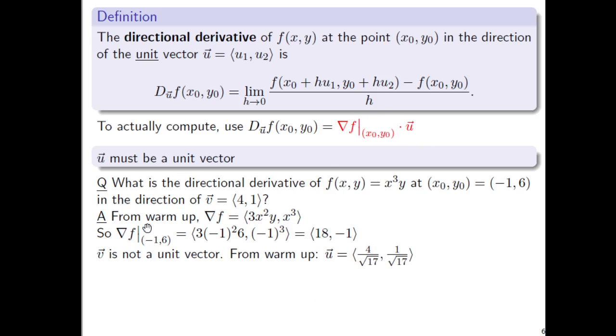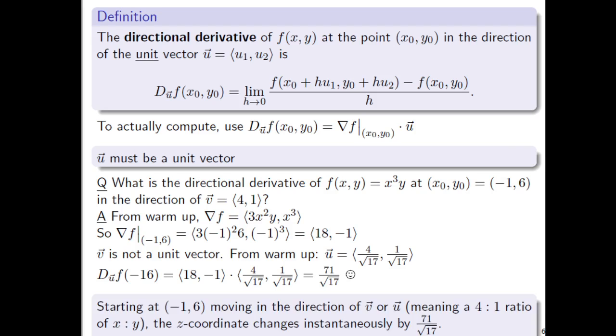And now we take, as we see up here highlighted in red, the gradient evaluated at the point, so that we have the vector 18, -1, and then the unit vector right here, 4 over √17 comma 1 over √17, we should just dot those together. So here we go, right? So the directional derivative at -1 comma 6, sorry, there's a missing comma here, equals this dot product, and if we just write that out, this will be 71 over √17.